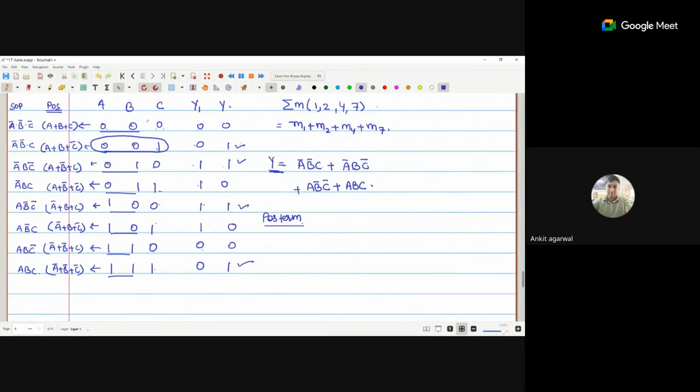POS will be defined for the zeros. So where are the zeros? This one, this one, this one, and this one. So what is the POS term?